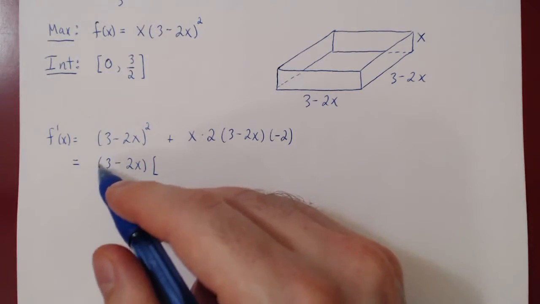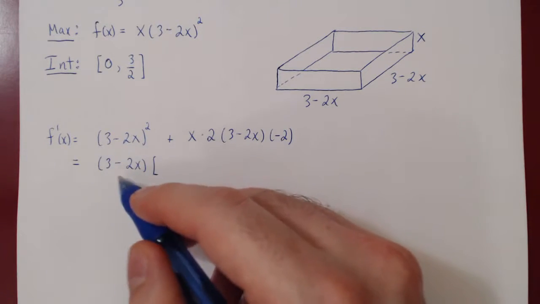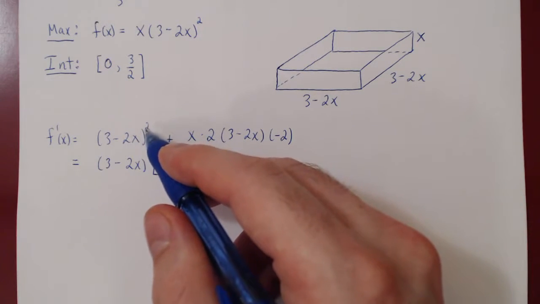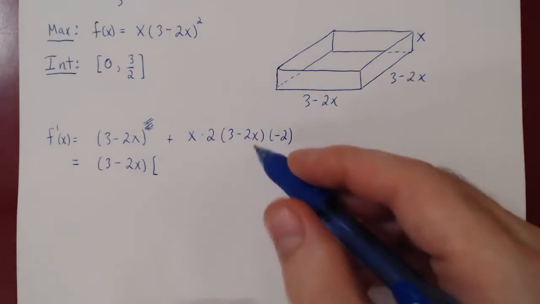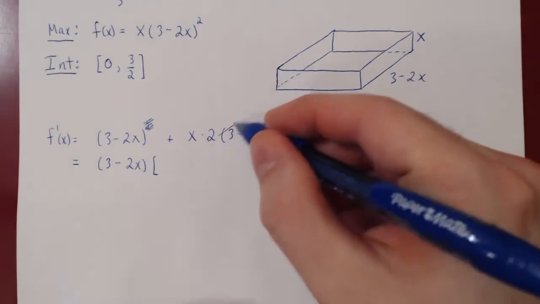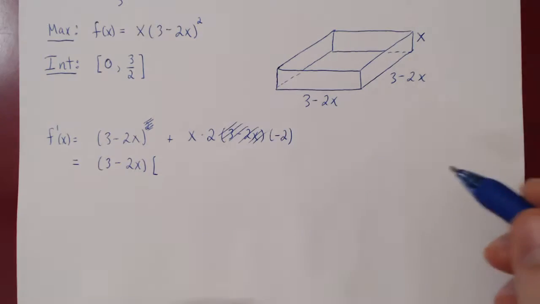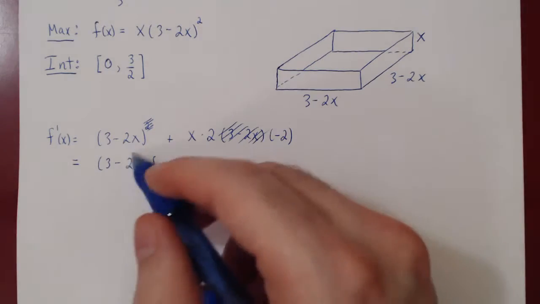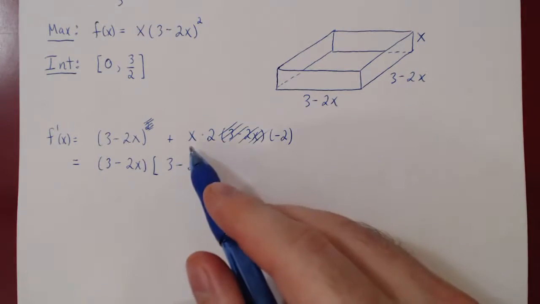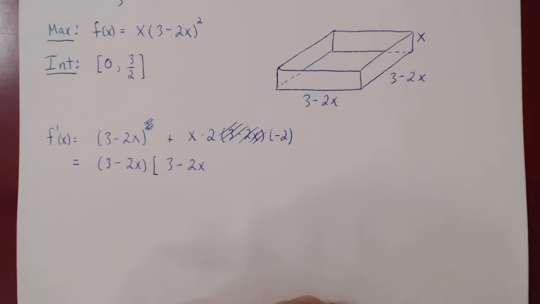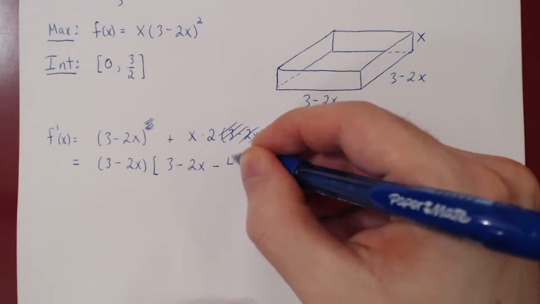If we factor 3 minus 2x from this term, since we have 2, we're left with just the 1. And we factored it also from the second term, so it's gone. So what are we left with? A simple 3 minus 2x from the first term, plus x times 2 times negative 2 gives negative 4x.